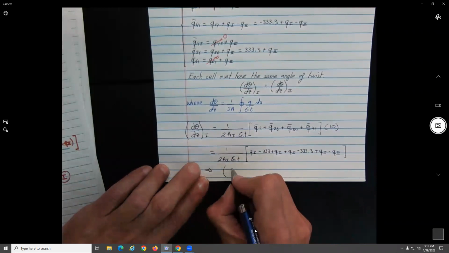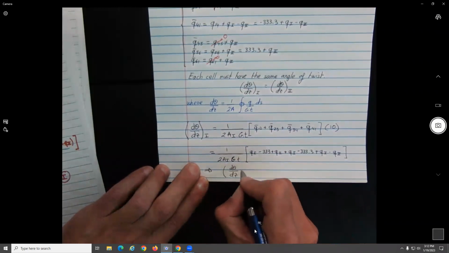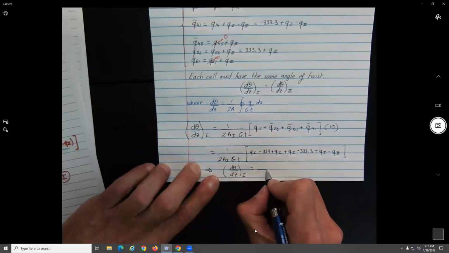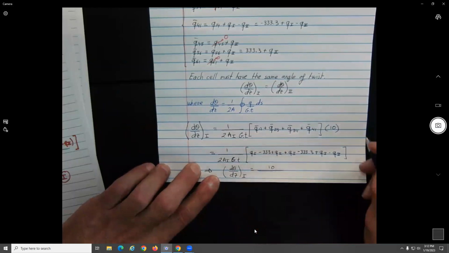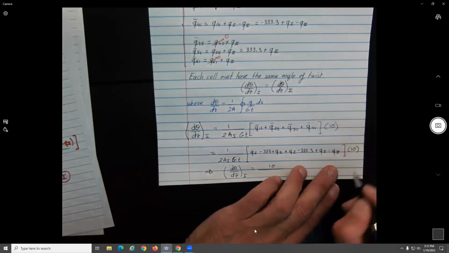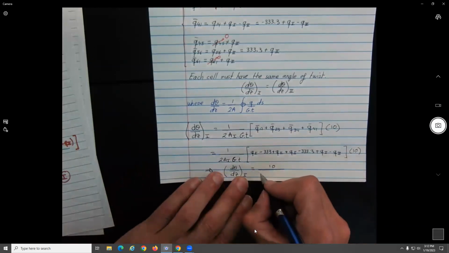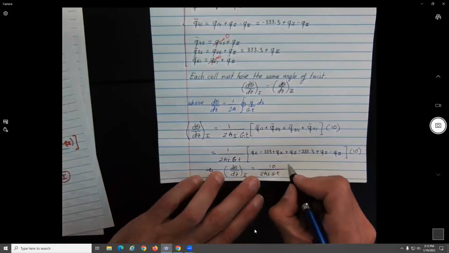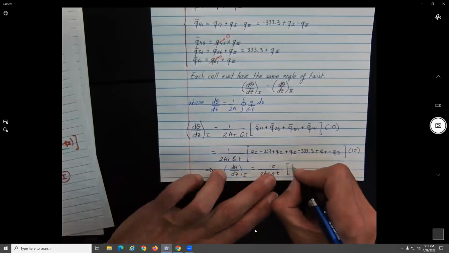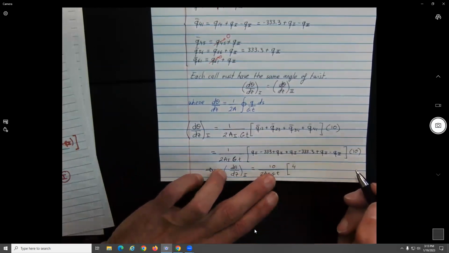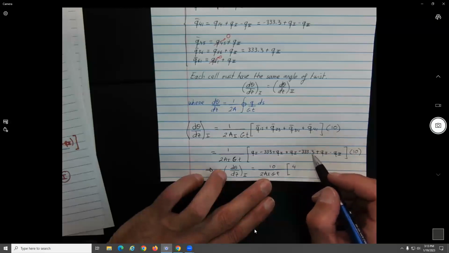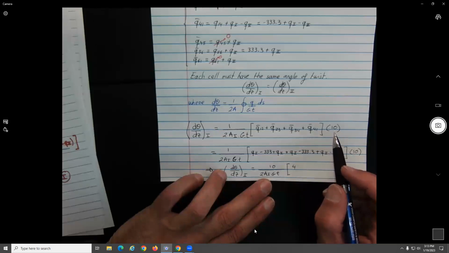So if you do the calculation, this is going to give you d theta dz for 1 to be equal to, put the 10, 10 divided by 2 A1 GT times 4. Yeah, I was looking at it because it should cancel. So which one is it? This one is positive.